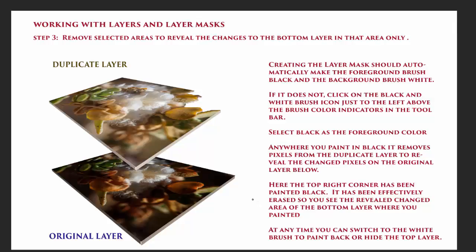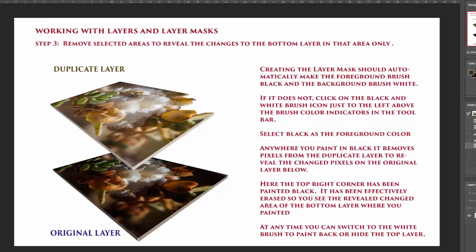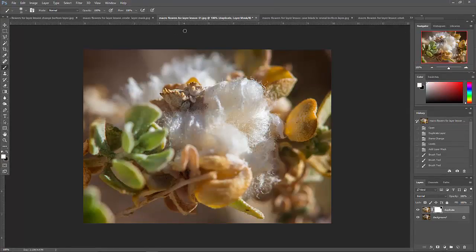So in the meantime then, what I'm going to do is go back and work with the rest of this. So I'm going to want to get rid of as much of this background as I can with the black. This is a very soft brush, so it's going to blend in these areas a little better.